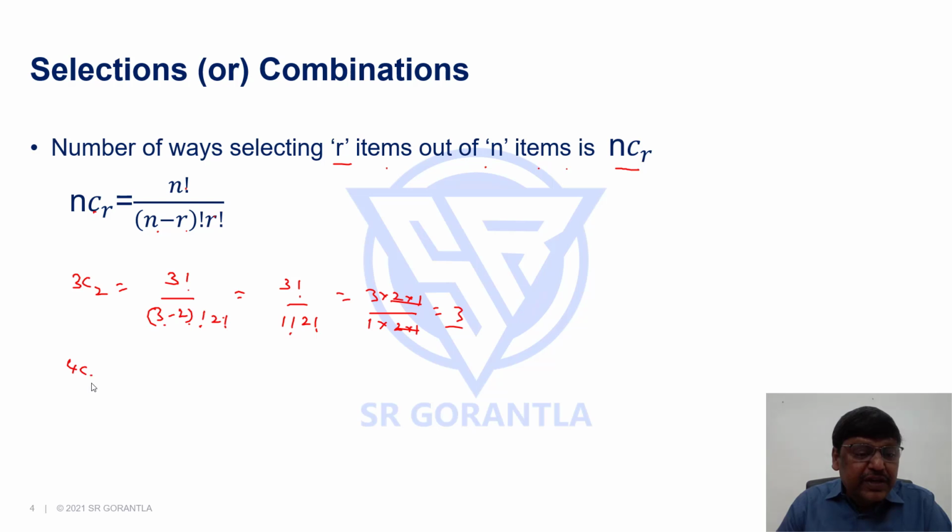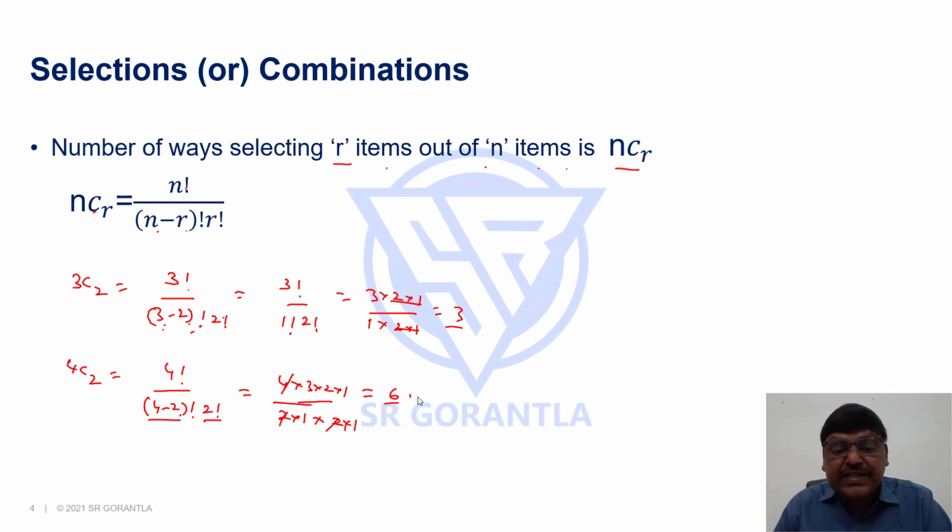Or 4C2 means 4 factorial by (4 minus 2) factorial into 2 factorial, which is 4 into 3 into 2 into 1 by 2 into 1, similarly 2 into 1. You can see 2 2's are 4, the 4 gets cancelled. My answer is 6. I just asked you how many selections there are.